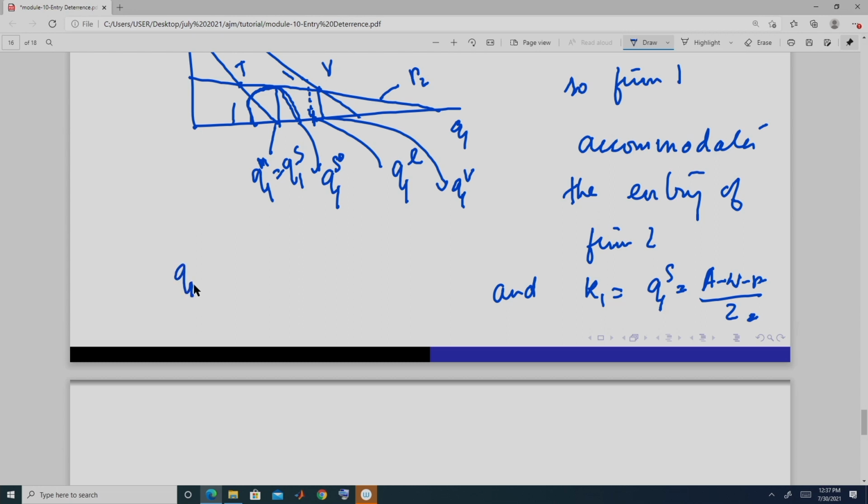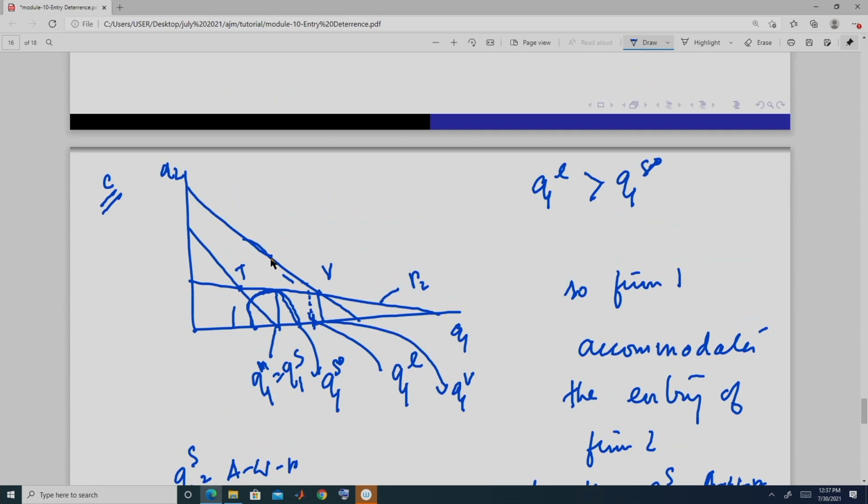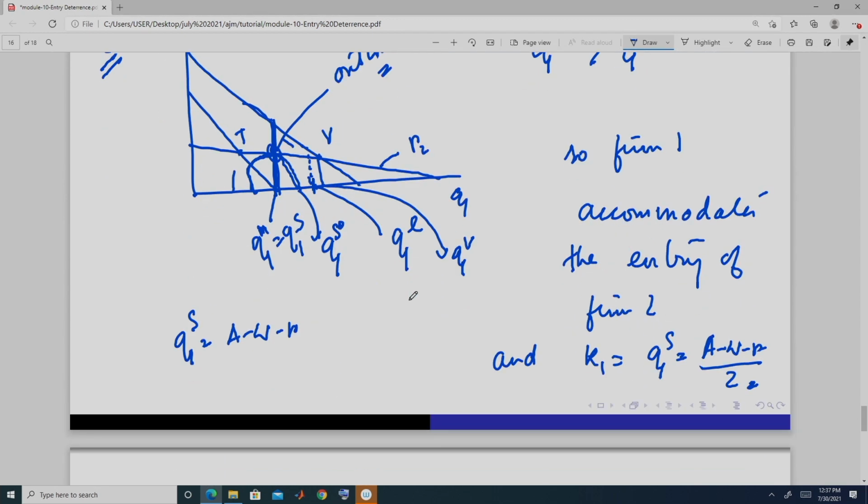So, this is the final outcome, in the Cournot competition it is going to be like this, and this is going to be the outcome, right? Going to be this and Q2. Okay. So, these are all the possible outcomes that we get in this example of entry deterrence.